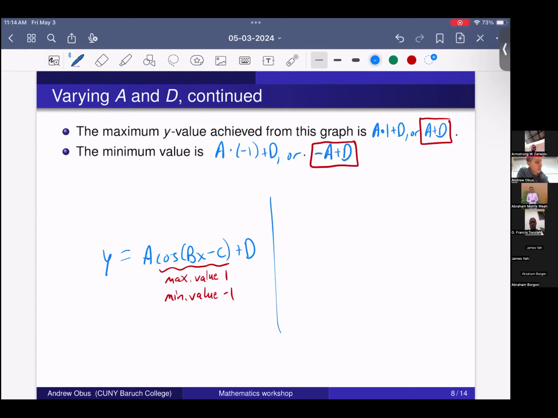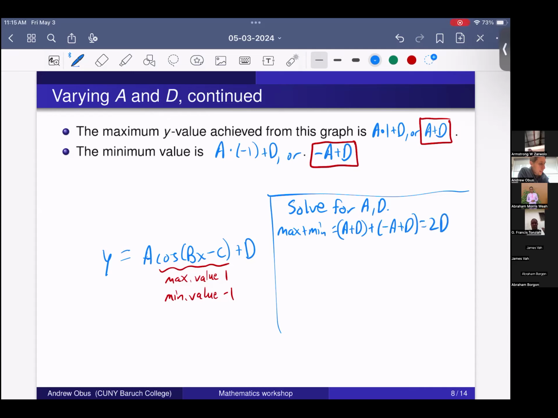And so in particular, here we can solve for a and d, right? One way of doing that is we can get that the max plus the minimum value is equal to a plus d plus negative a plus d, and that's going to be equal to 2d.